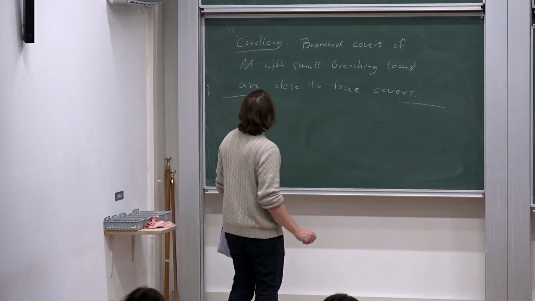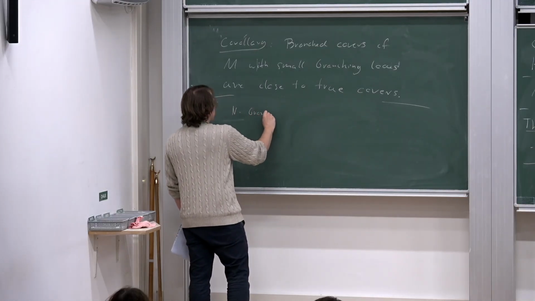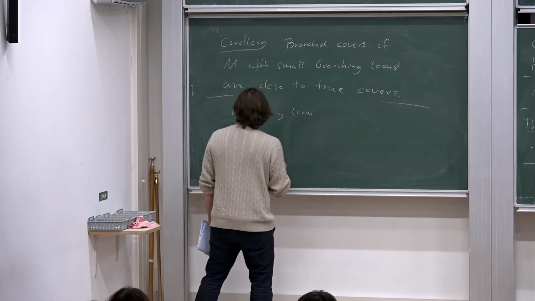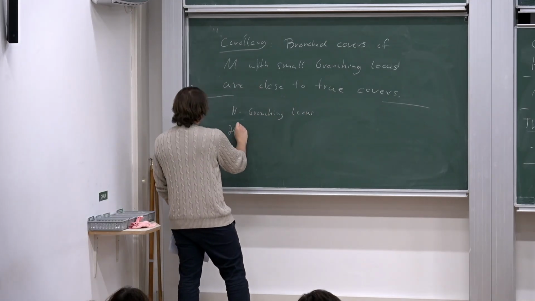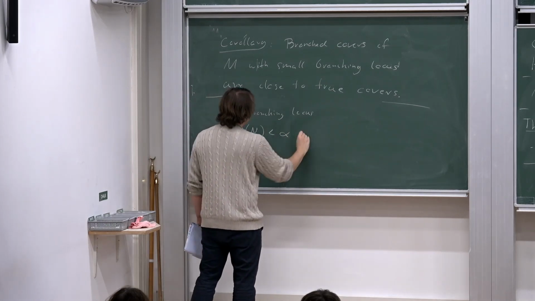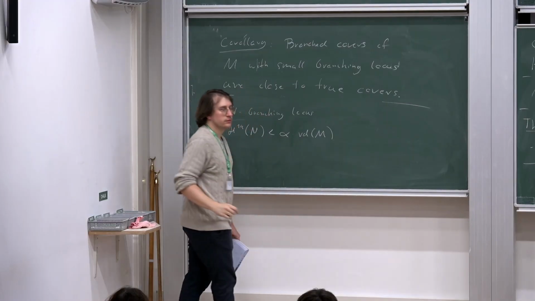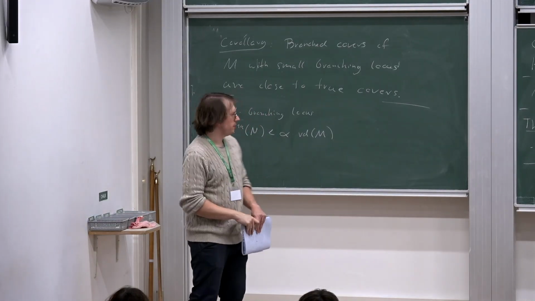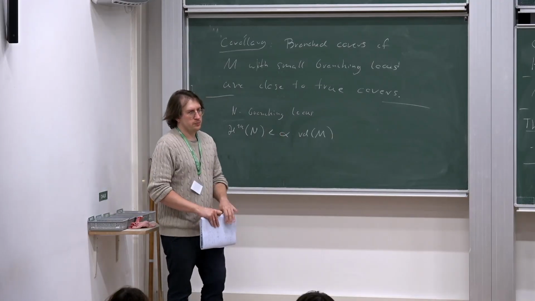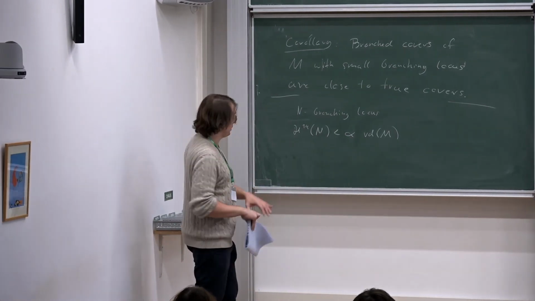Small branching locus means that, if N is the branching locus, then I want the 14-dimensional volume of N to be less than alpha times the volume of the ambient manifold. So it's exactly like in isometric approximations, think of this as an error. You require the error to be small compared to the total size of the space.